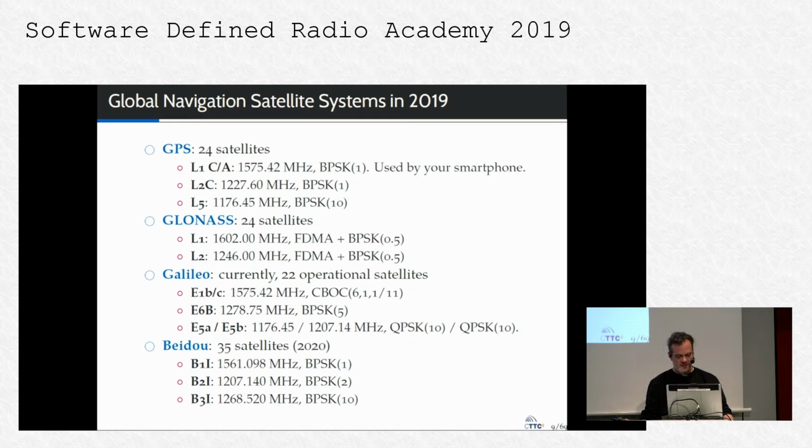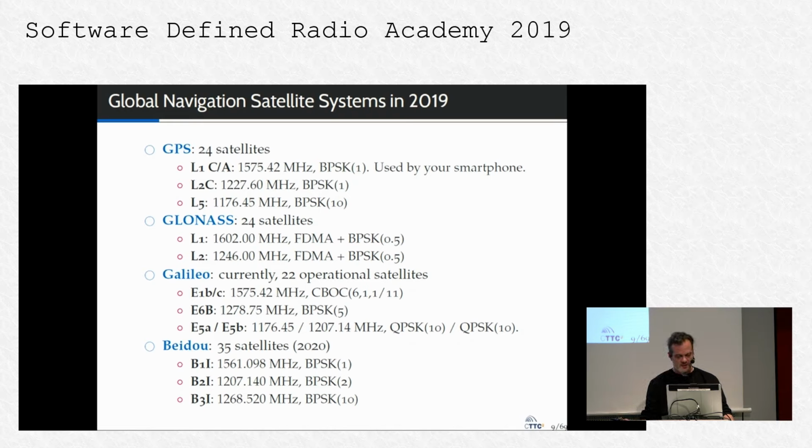Galileo, which is the European one. Currently, I think there are 22 satellites in the sky, also broadcasting signals in 3 different bands, and the Chinese BeiDou, which also has three bands in which they are transmitting. So a lot of signals to play with.